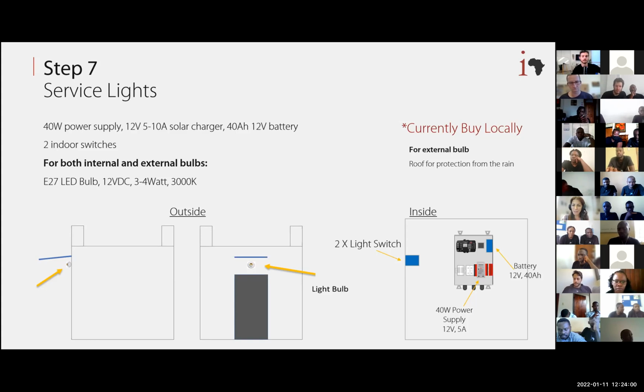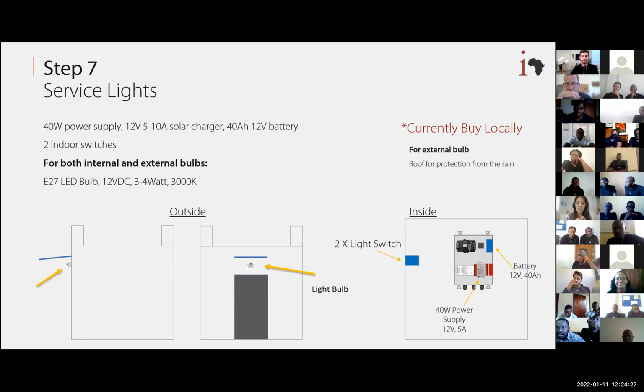Oftentimes I heard that the guards, we're paying a guard to keep the solar panels, but the guard doesn't want to stand there in the dark. We have to make sure that we're installing light bulbs inside and outside of the pump room, but even more, and Ben is going to show us, we also need to install what we call security light.